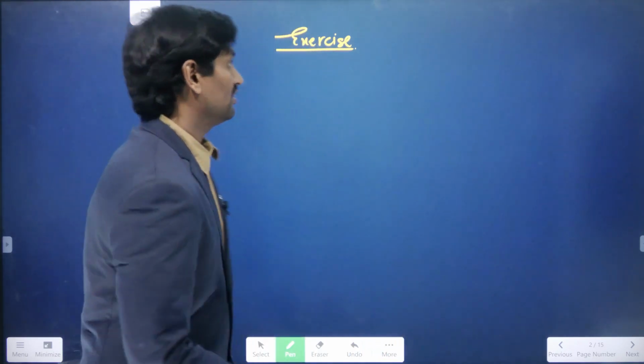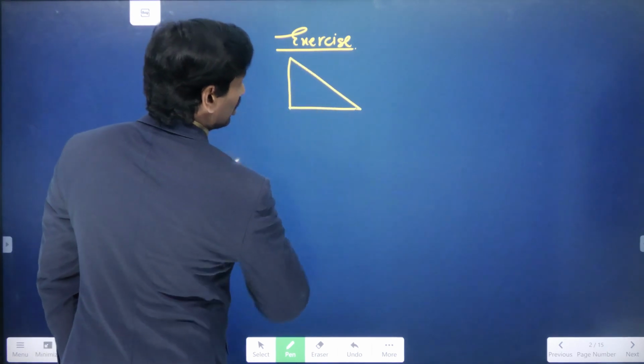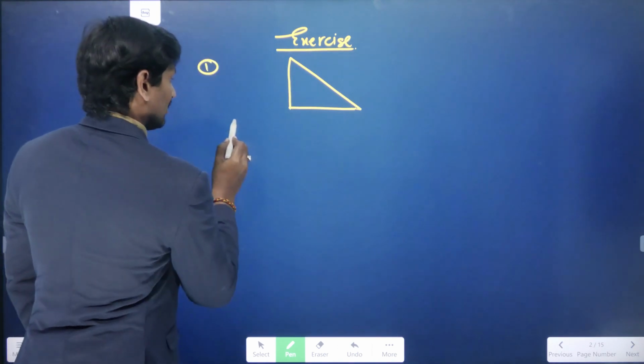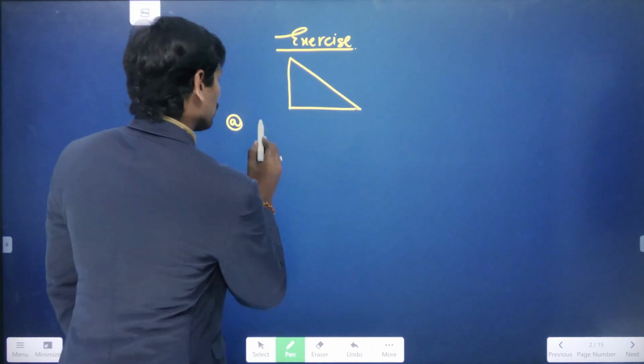So the exercise problem is: which of the following cannot be the ratio of the angles of a right angle triangle? Let us go through the options. The first option is 1:2:3.